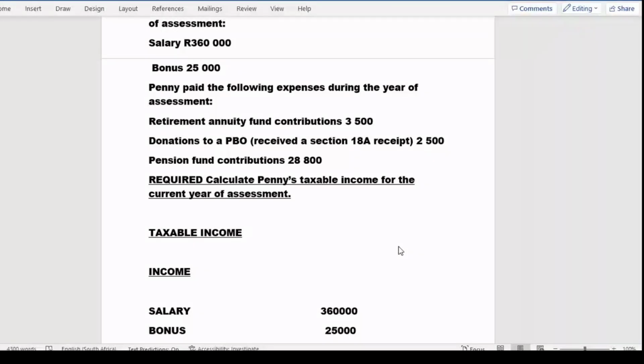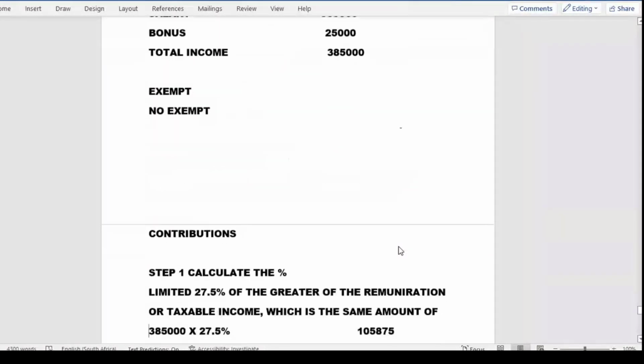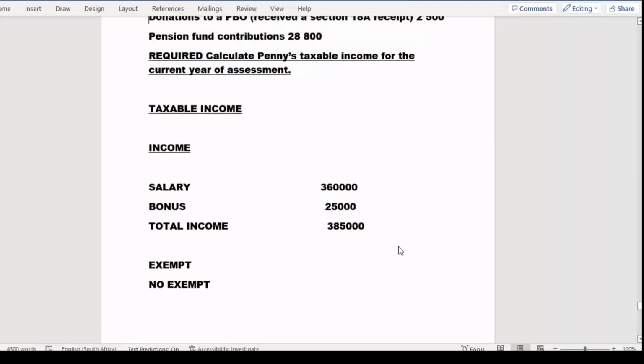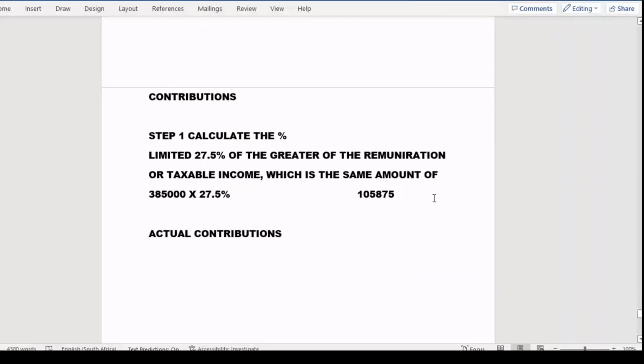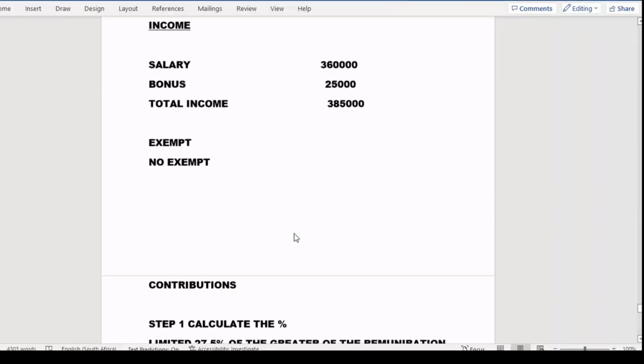It's 3.5 and 28,800. Hold on for me, please. It's 3,500 plus 28,800. That's for the RAF and the pension fund.